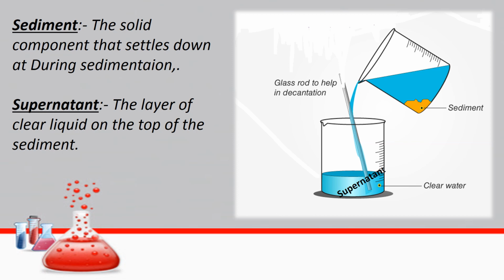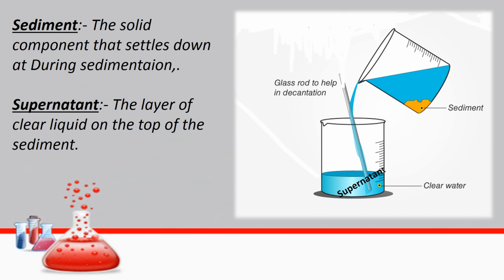This solid component that settles down during sedimentation is known as the sediment. We can say the solid particles. In the case of the sand and water mixture in that activity, the sand is the sediment and the clear water is the supernatant.